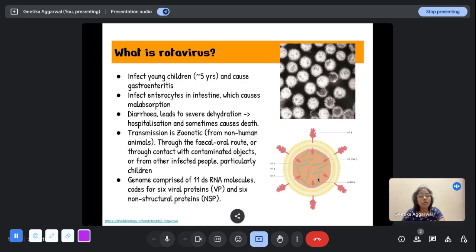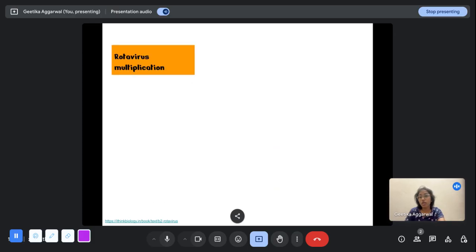So there are 11 double stranded RNA molecules, and along with that there are viral proteins. This genome encodes 6 viral proteins. So you can see here you have VP1, VP2, VP3, VP4, VP5, VP6, right? And there are 6 non-structural proteins. So this is what comprises a rotavirus.